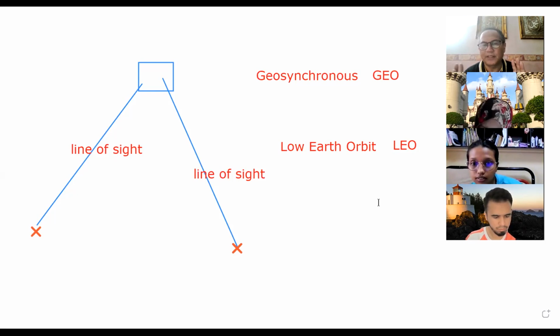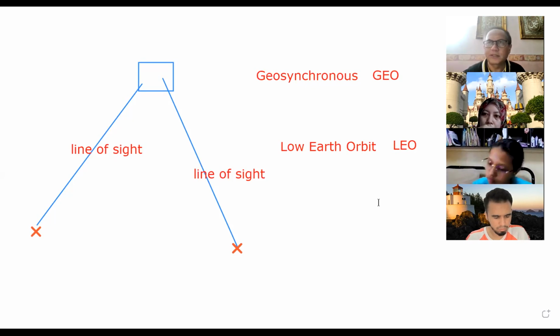For example, Measat, Suraya. These are geosynchronous satellites. But you also have low Earth orbit satellites, for example, I'm not sure, Inmarsat, or maybe Iridium. You know, Iridium is a low Earth orbit satellite. They have about 48 satellites. So they are lower, and they are faster.